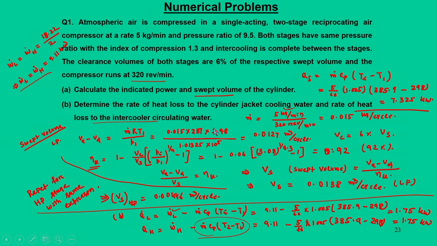So, the heat loss to the cooling water jacket is 1.75 kilowatt for the LP stage and 1.75 kilowatt for the HP stage, but the intercooler takes about 7.325 kilowatt, and because of this reason we will have a saving in the work in the high pressure stage. Okay. With this I conclude this module, that is the last module, module 6, reciprocating air compressors.